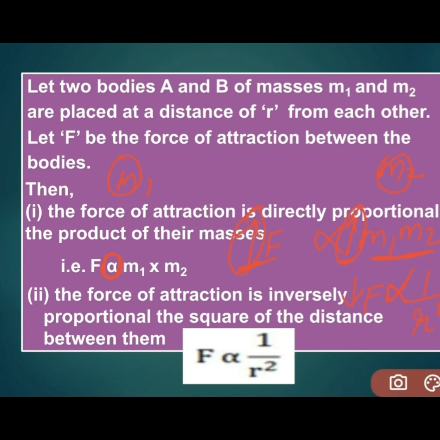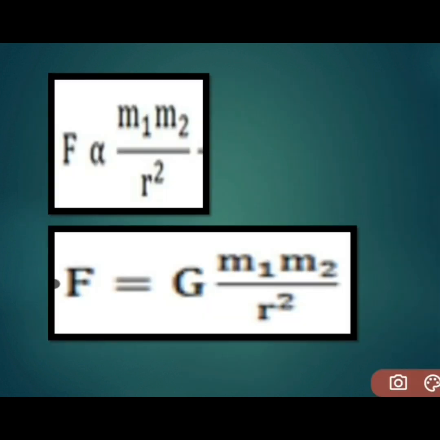So the universal law of gravitation states that the force of attraction between two objects is directly proportional to the product of masses and inversely proportional to the square of the distance between them, as it is written. Now let us proceed further. F is directly proportional to m1 into m2, the product, not just one mass.